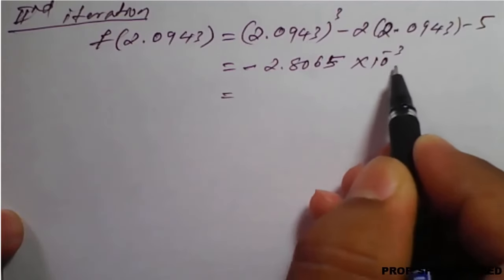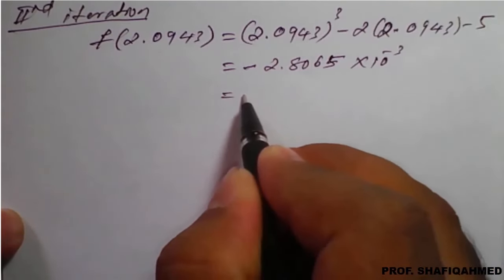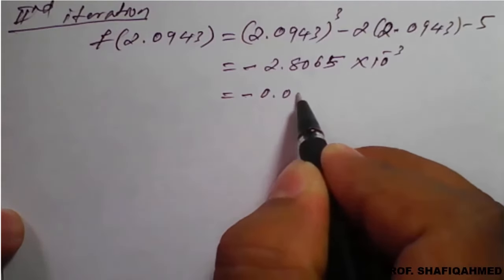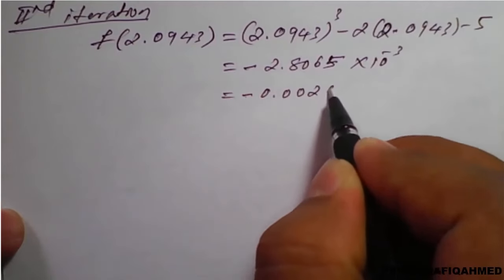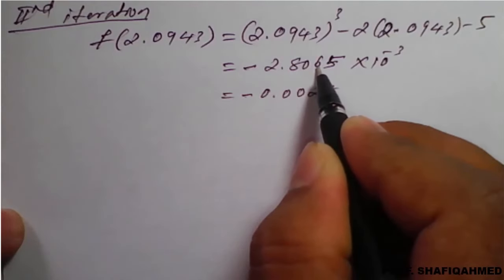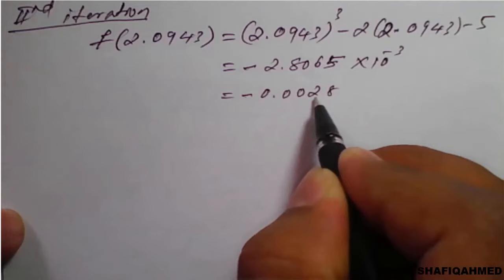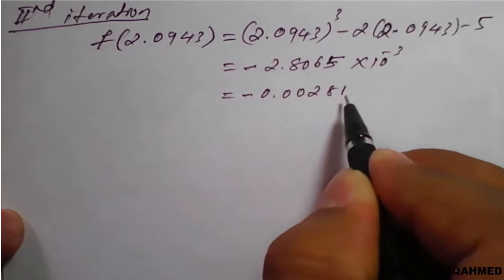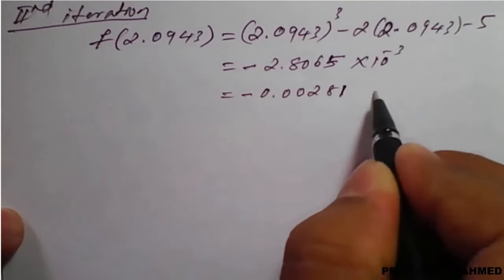Because this 10 raised to minus 3 is there, I want to rewrite it. So it is minus, 3 means 0.00328, I will write here only 3 numbers. So 806 is there, so 6 you add here, it will become 81. So this is a negative value.